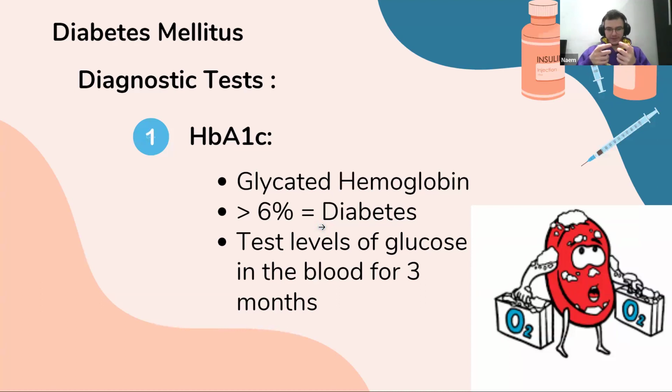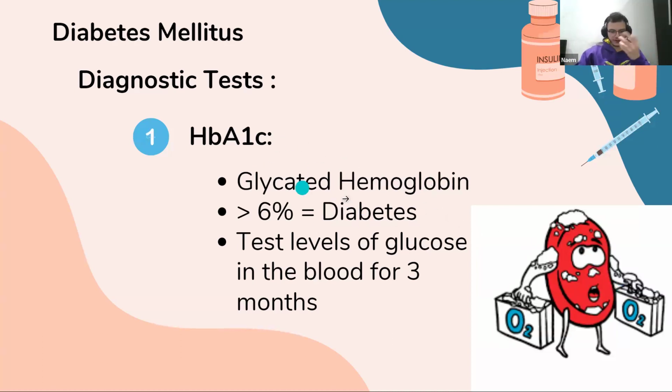So these glycated cells have built up this amount of glucose over 3 months. More than 3 months means the cells died and there are now new cells. Less than 3 months is less than the lifespan of the RBC, so it doesn't make sense.